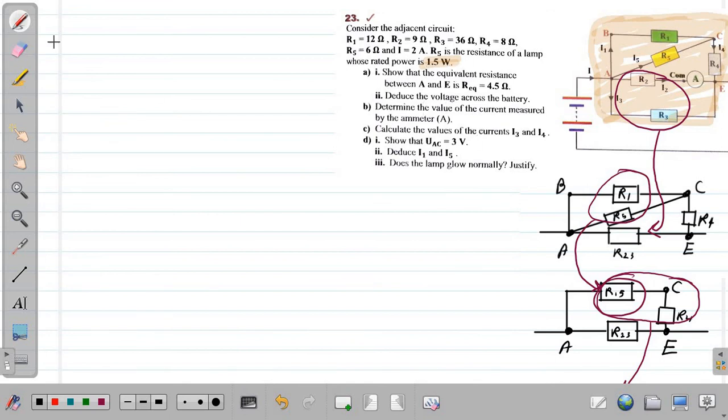Let's check that. So triple I, حنحسب الباور. نحن بنعرف إنه الباور for a resistor is equal to the resistance of the resistor times the current squared. Which power?